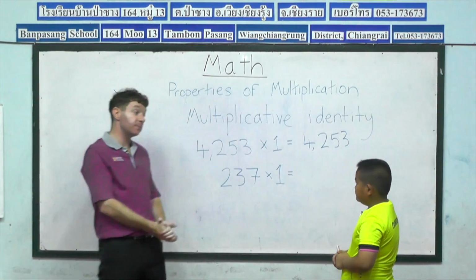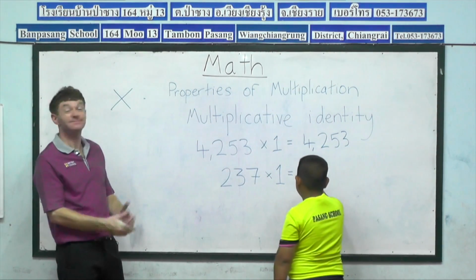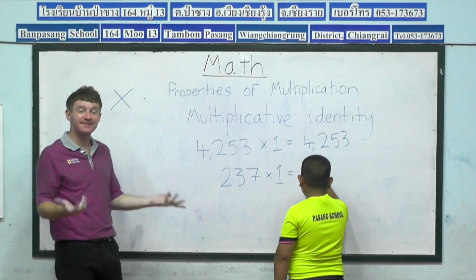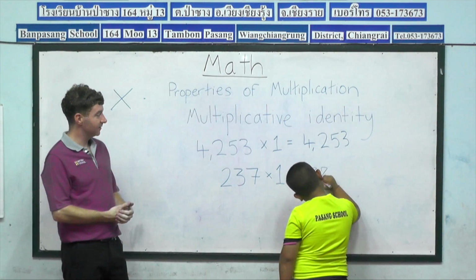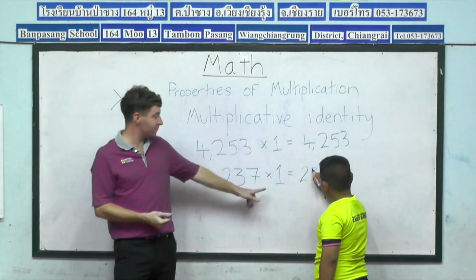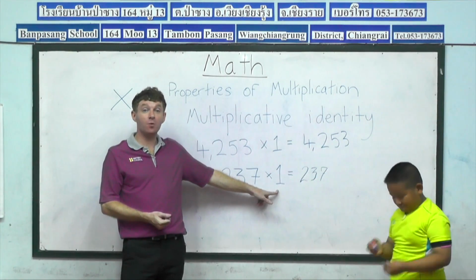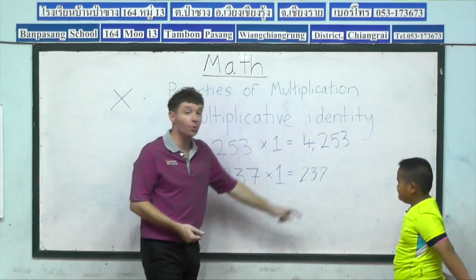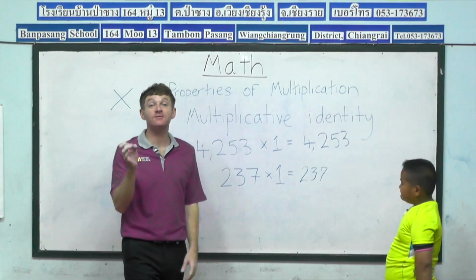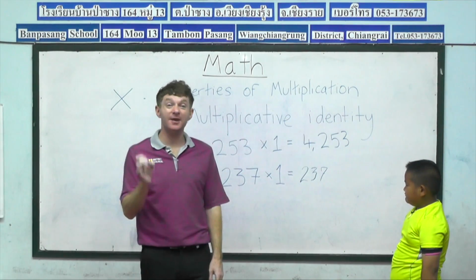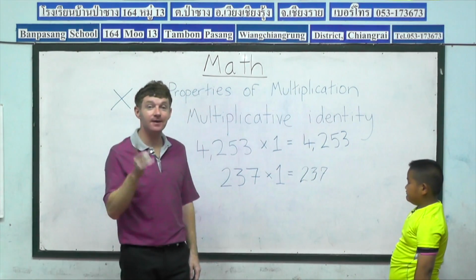So what will our answer be, Net? Yes, it will always be the same. Excellent, Net. Whenever we're timesing a number by 1, the answer will always be the number. And this is what we call multiplicative identity property.